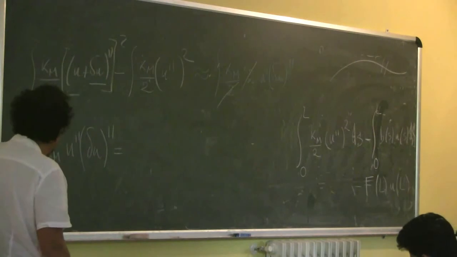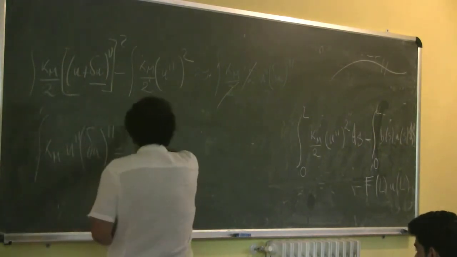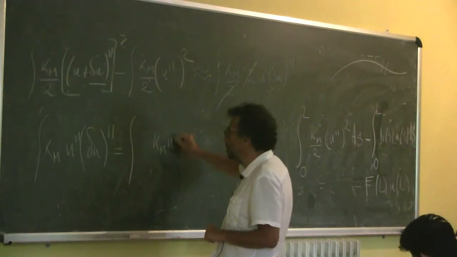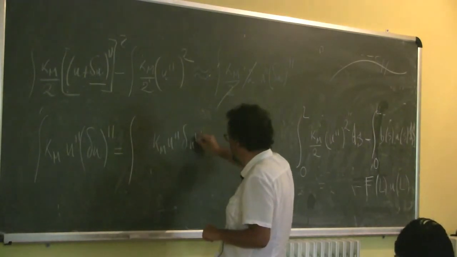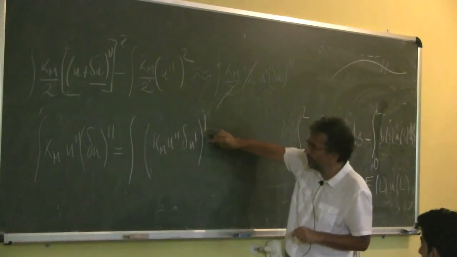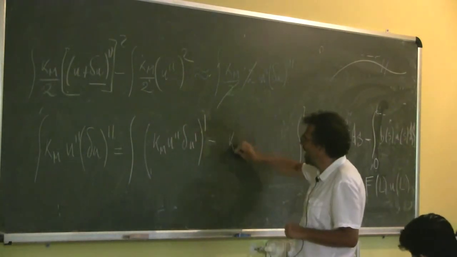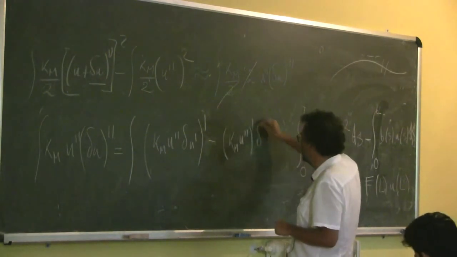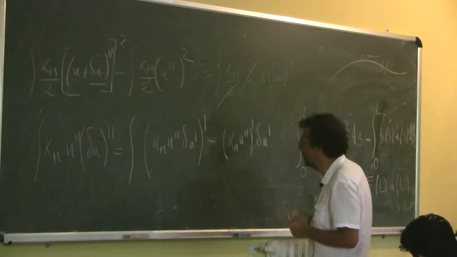So this is equal to the integral of Km u second delta u prime prime minus Km u second prime delta u prime.